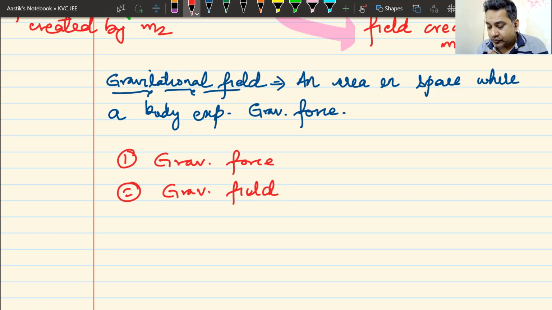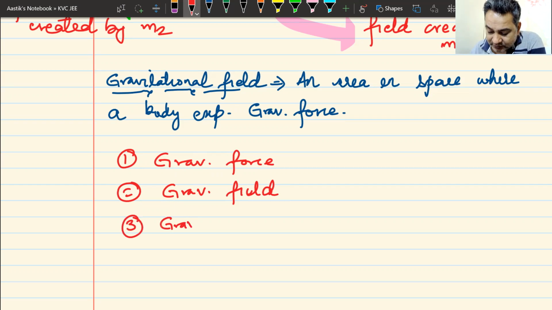But are we deviating from the actual topic? Our actual topic was not gravitational field or force. It was potential energy. But this potential energy is associated with this field or force.